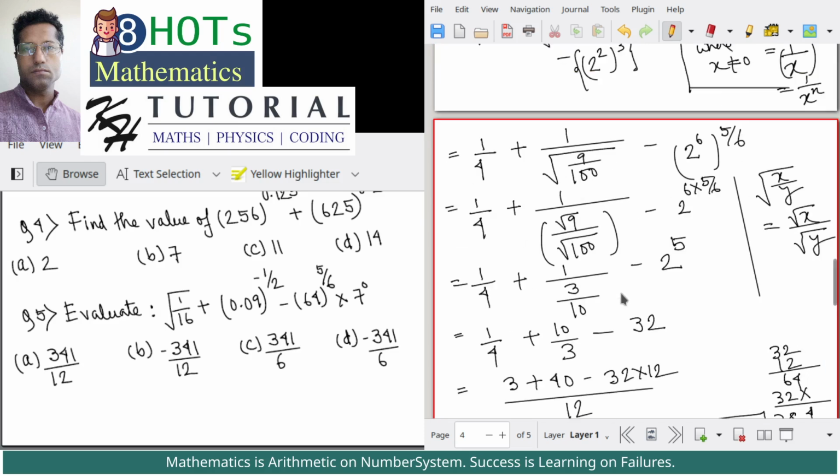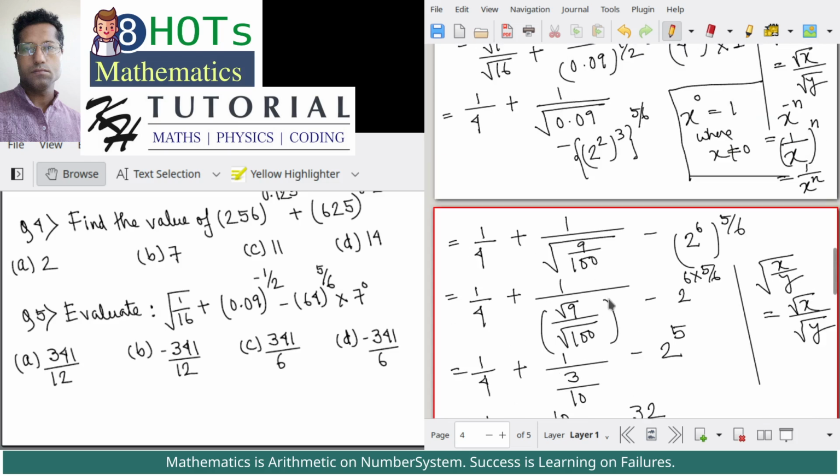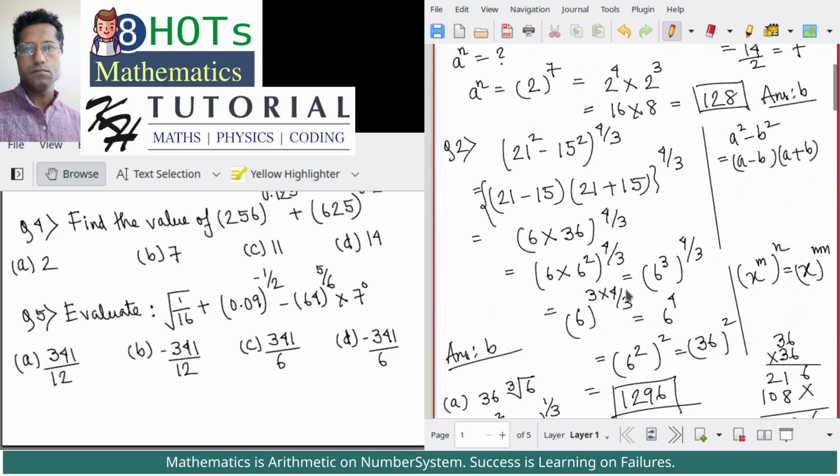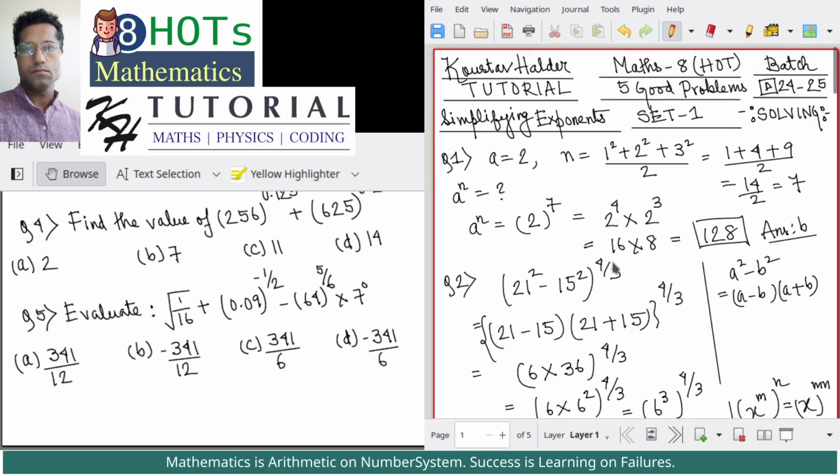So this brings to an end solving 5 good problems on simplifying exponential expressions. I will come up with more sets of 5 good problems on simplifying exponents, and parallelly I am also doing 5 good problems on exponential equations, and I will also start a few other important topics from the chapter of exponents in this playlist, Maths 8 Hot, like comparing exponents and word problems with exponents.